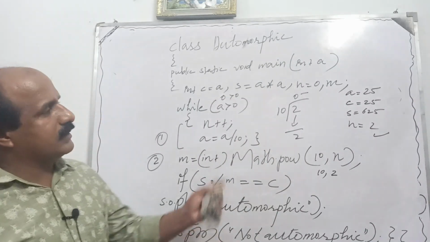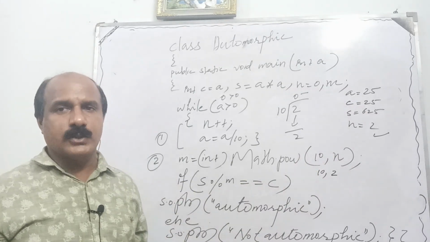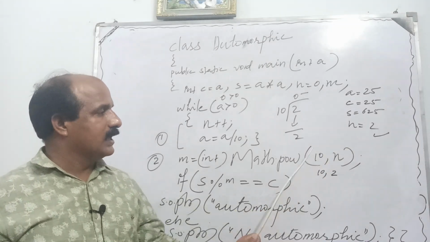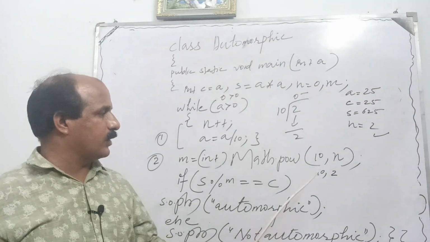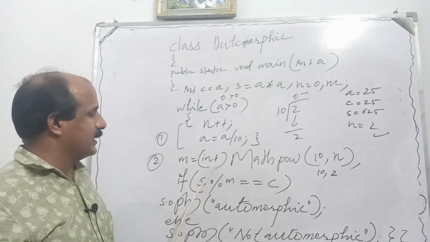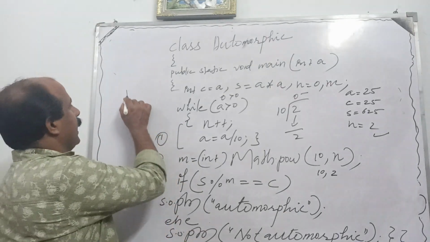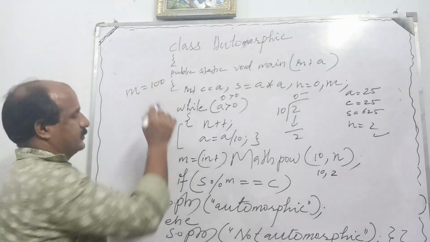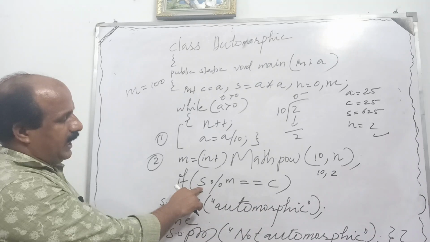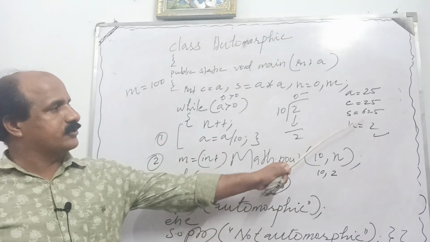At present, the example we have taken is 25. 25 has how many digits? 2 digits. So I evaluated 10 to the power 2, 100, converted explicitly, and kept the answer in M. So what is there in M at present? M is equal to 100. Now check if S modulus M. What is S? Look, S is 625.